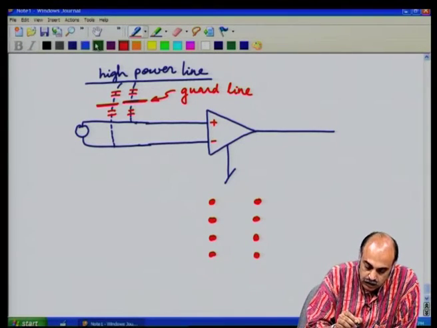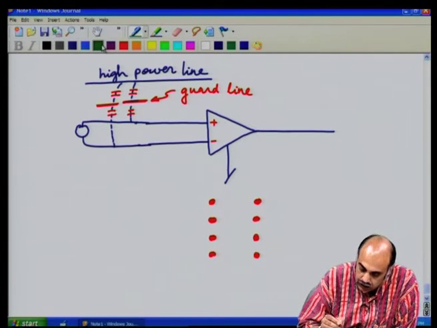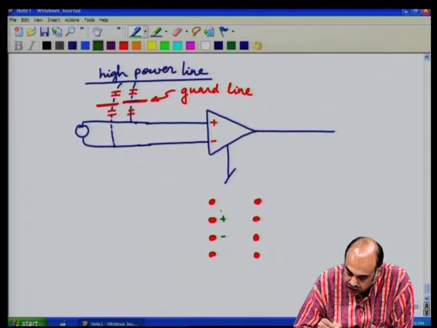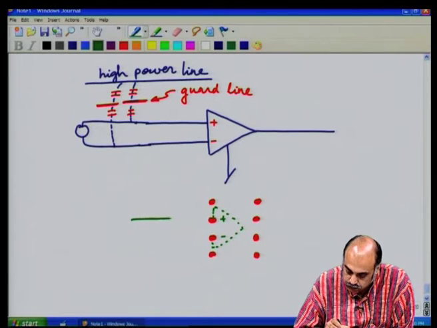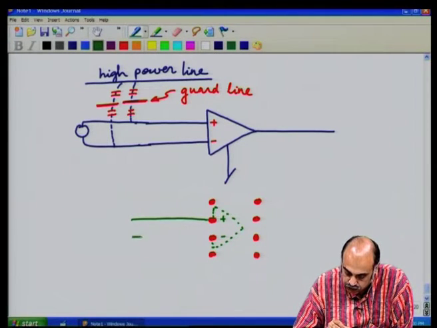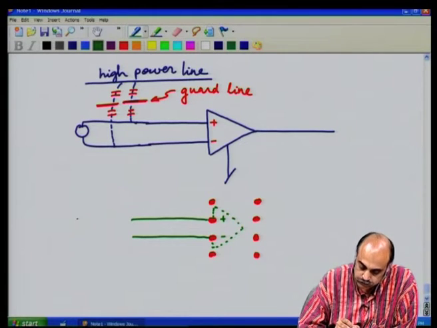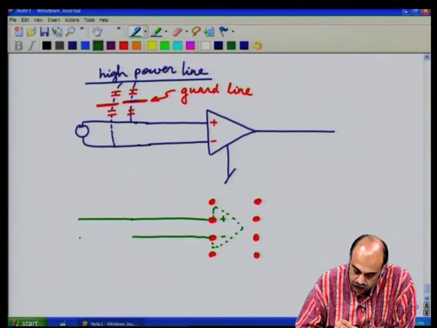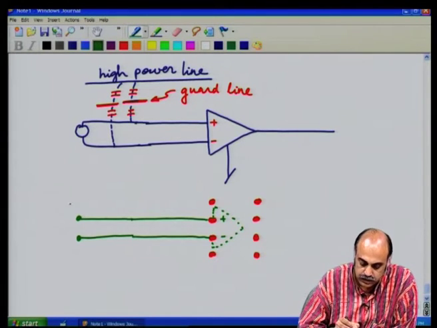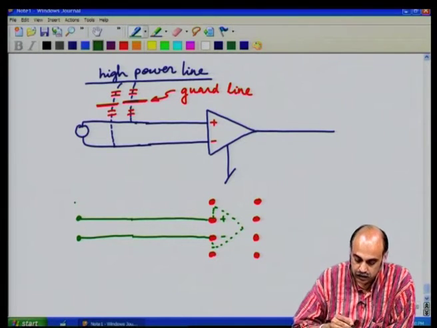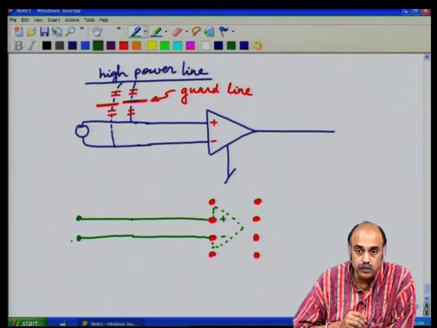Let us say this op amp has a plus and a minus. Then you have lines coming out from here and terminating probably at a connector or some other components, drivers, whatever it may be, which gives you the differential source.